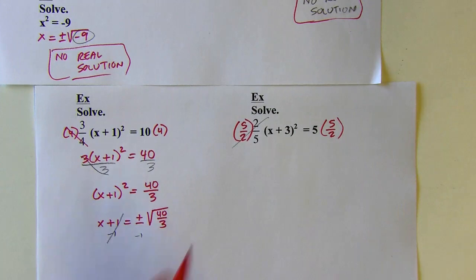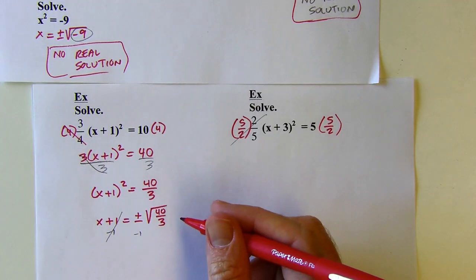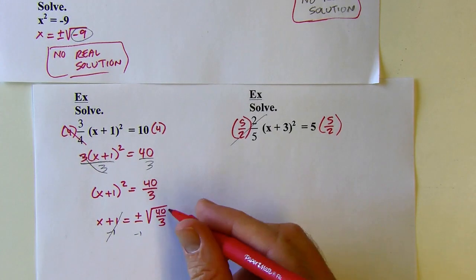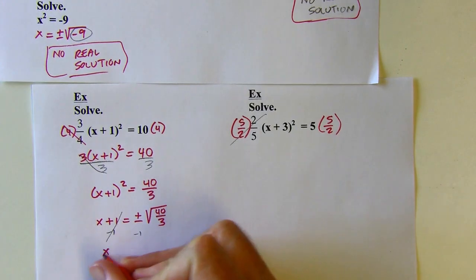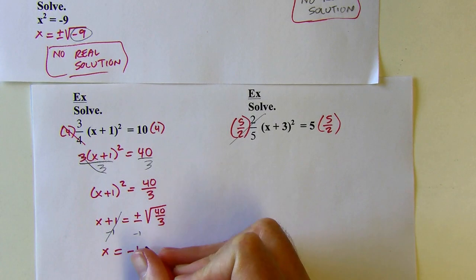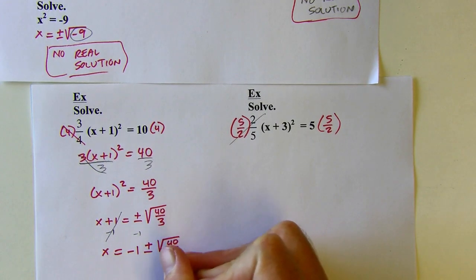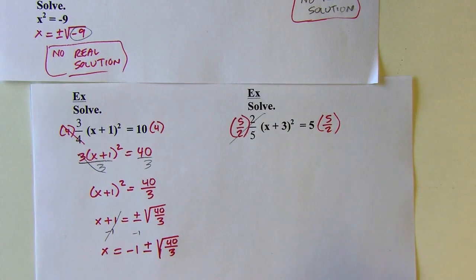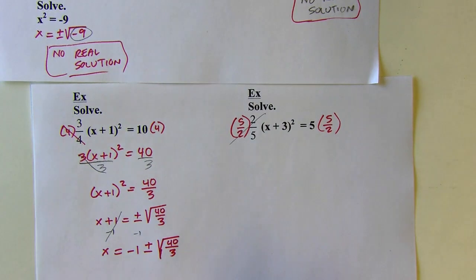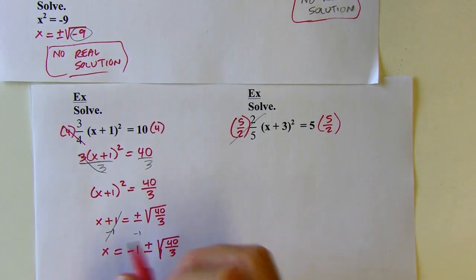It can get a little confusing because it can be hard to tell if the -1 is in the radical or not. So it's a lot clearer if you put it in front of the plus or minus symbol. Okay, so I've got -1 plus or minus root 40 over 3.